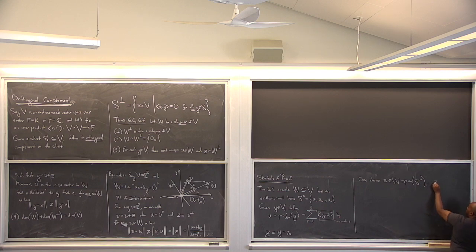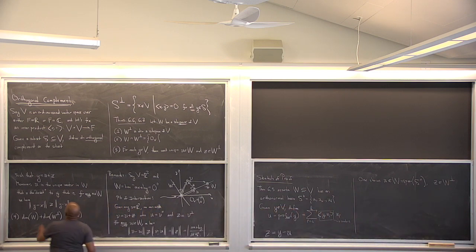And the trickier part is that z is actually in W perp. Right, so that's not easy to show. That takes a little bit. But we have this here, and so at least this explains where this part here is coming from. Right, so why we have this.